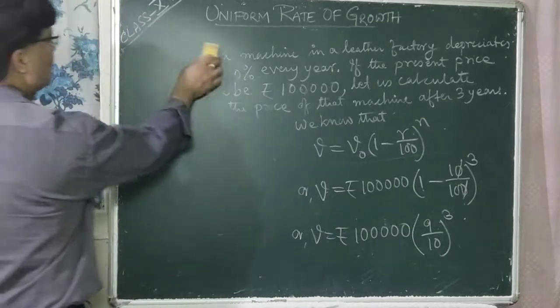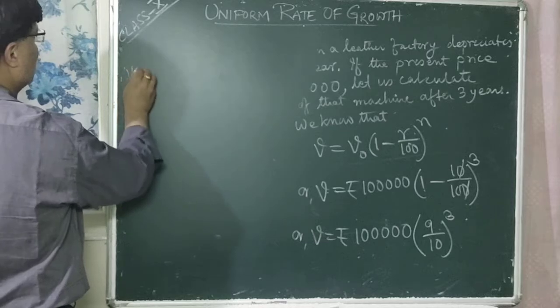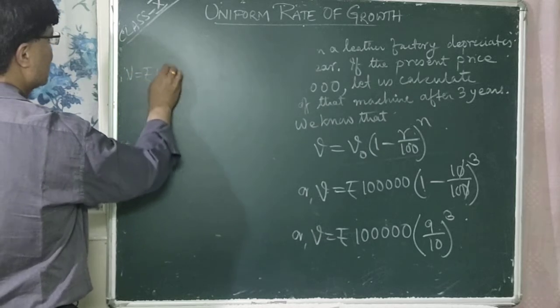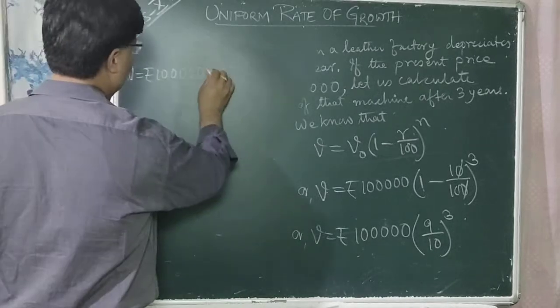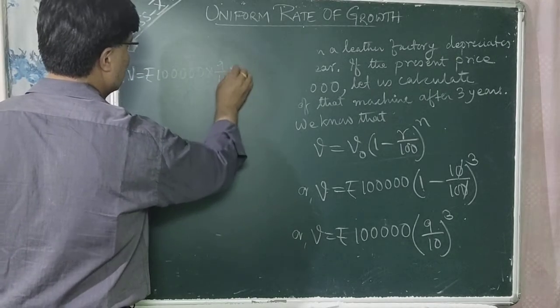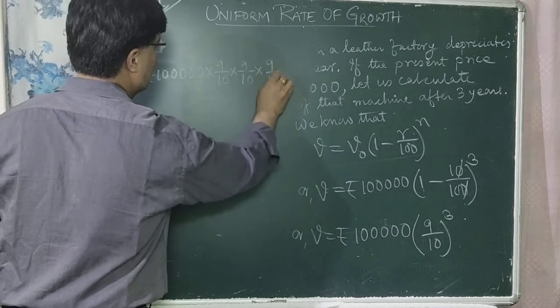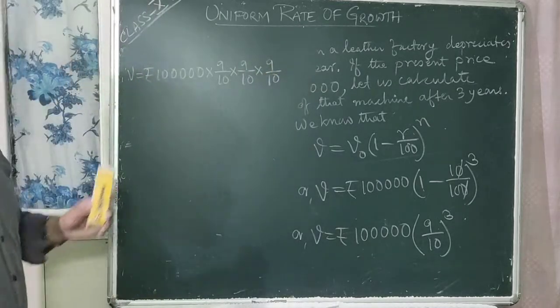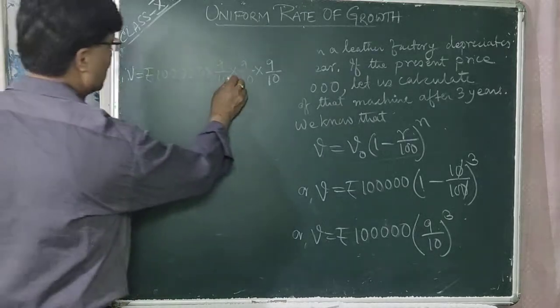So now let us simplify it. Therefore, V is equal to rupees 1 lakh, 1 and 5 zeros is 1 lakh, into 9 by 10 into 9 by 10 into 9 by 10. That is 9 by 10 whole cube, 9 by 10 multiplied thrice.